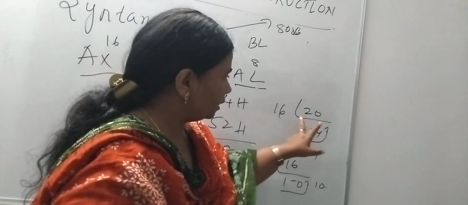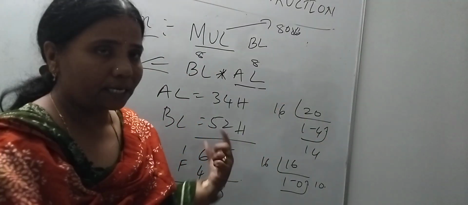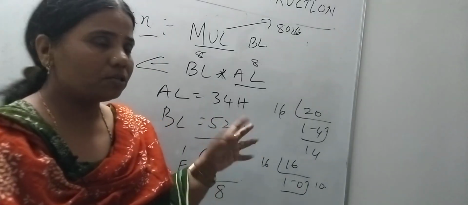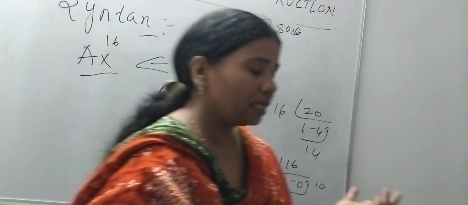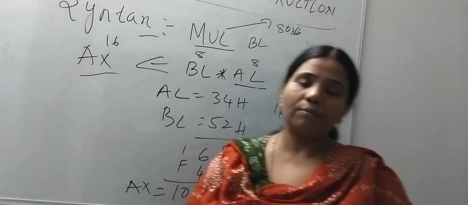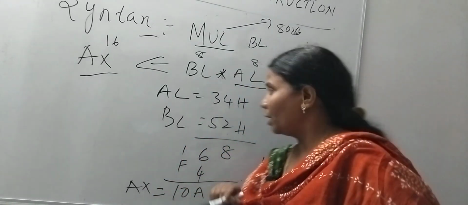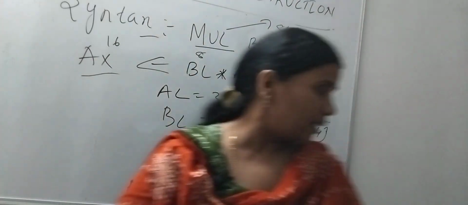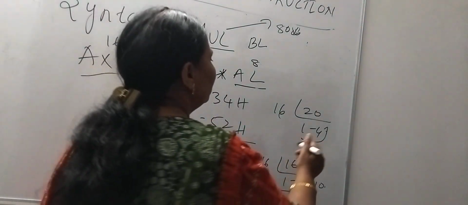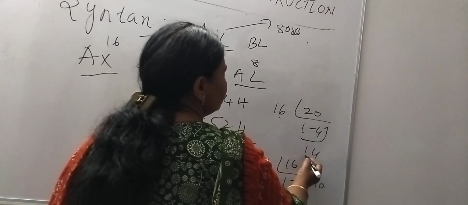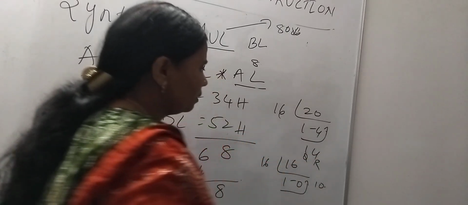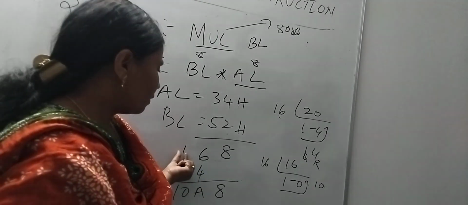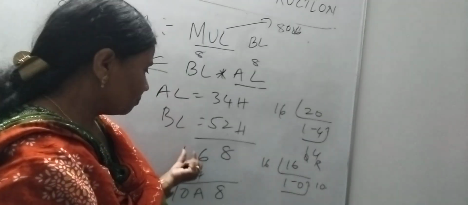In hexadecimal multiplication, addition or subtraction, if you get more than 16, to convert into a hexadecimal number you have to divide by 16. So when you divide you got 1 and 4. The remainder value you write here, and the quotient value you give to the next digit as a carry.